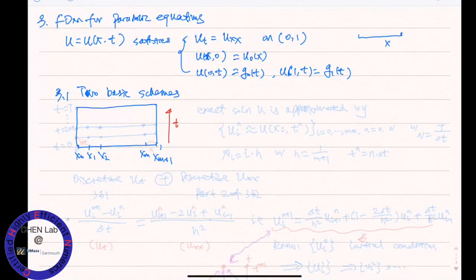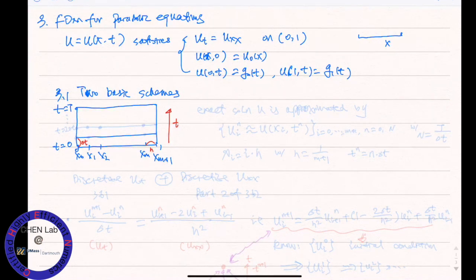Here is t equal to 0, and here is t equals the final time, capital T. We are going to discretize the t interval 0 to T into smaller ones of size delta t. So here we have h, there we have delta t.